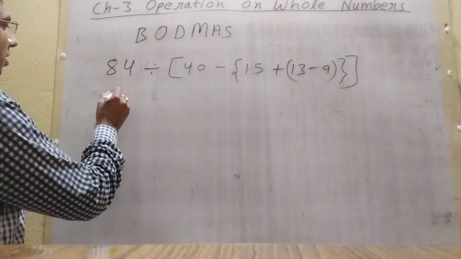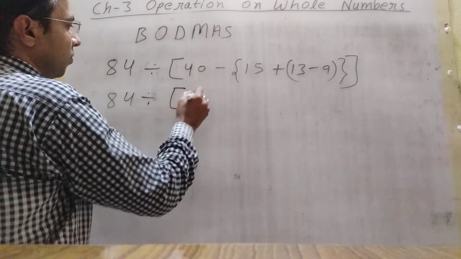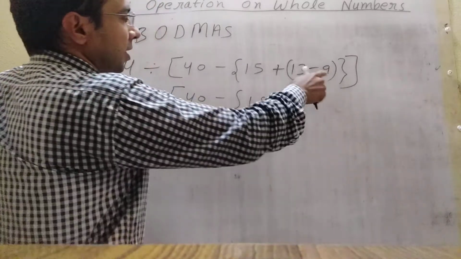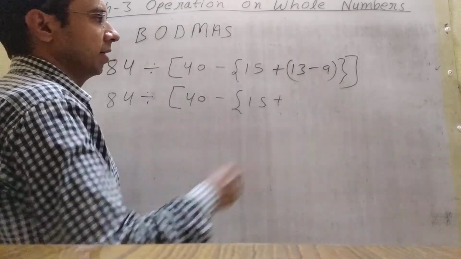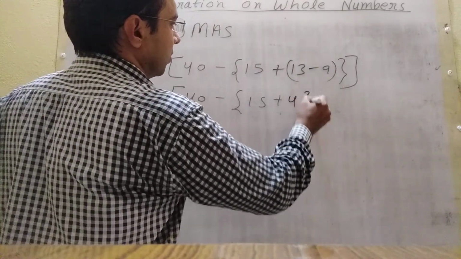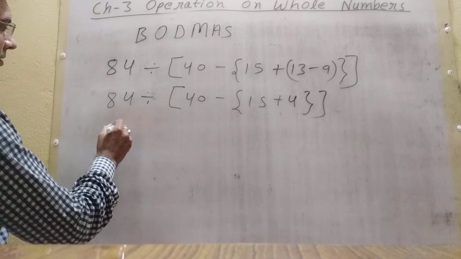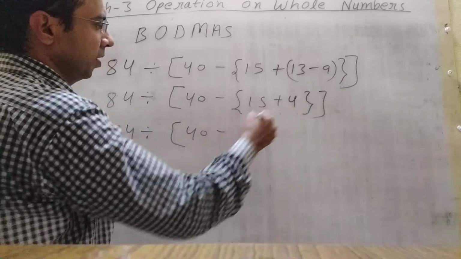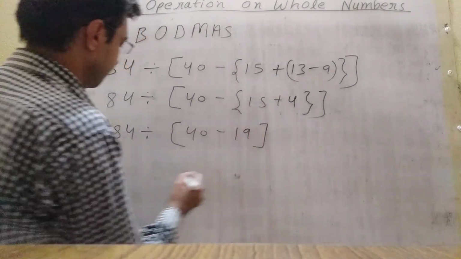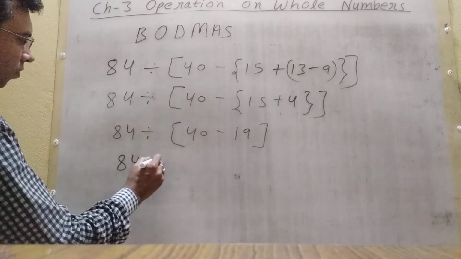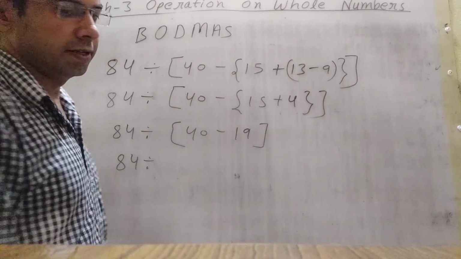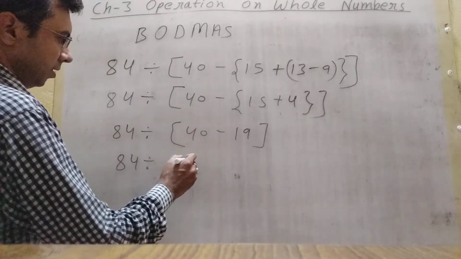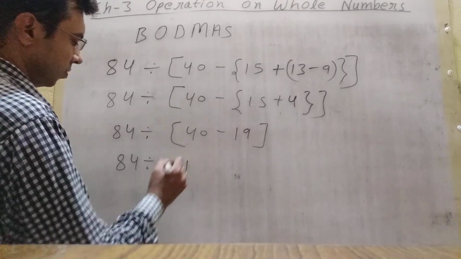So let us start. 84 divided by 40 minus 15 plus 13 minus 9, 10, 11, 12, 13 plus 4. 84 divided by 40 minus 15 plus 4, 19. 84 divided by 40 minus 19. 10 minus 9, 1. 3 minus 1, 2.